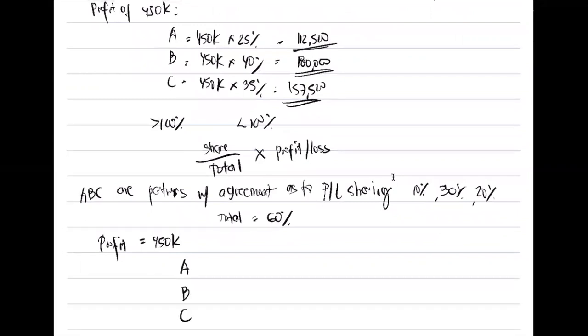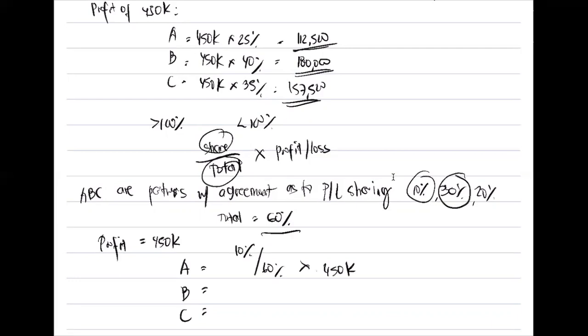Now for A, how do we share it? For A, we share it by getting first the share, which is 10%. You divide to the total, which is 60%. You multiply to the profit, which is 450,000. Same as to B. Get the share of 30%. You divide it to the total, 60%. You multiply it to the profit of 450,000. Same to C. You get the share of 20%.